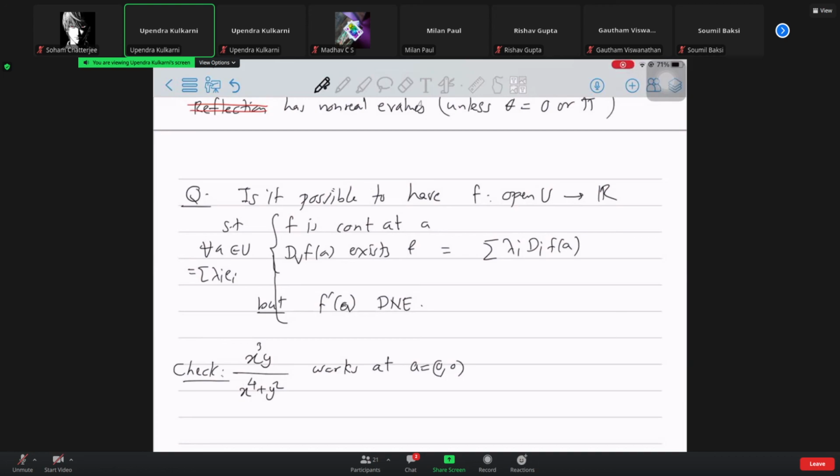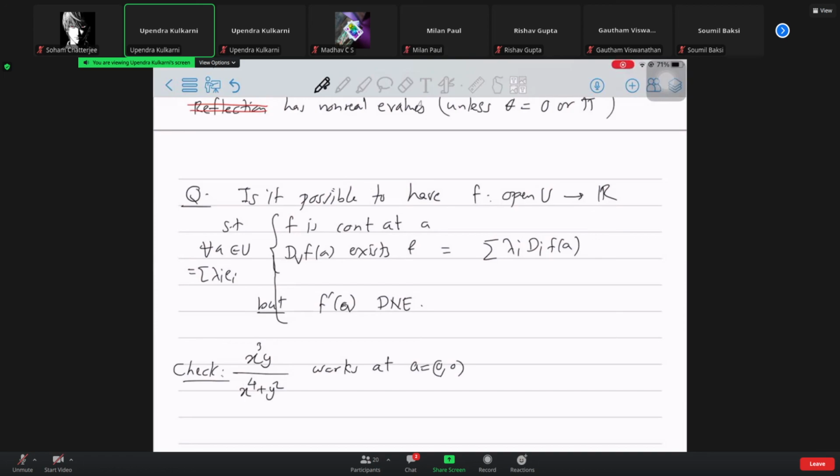If you open the quiz, what I meant to ask was, first, whether such a function exists without the continuity. But I tried to combine two sentences into one and made an unintended question.